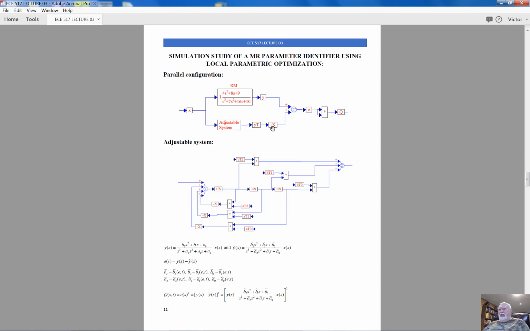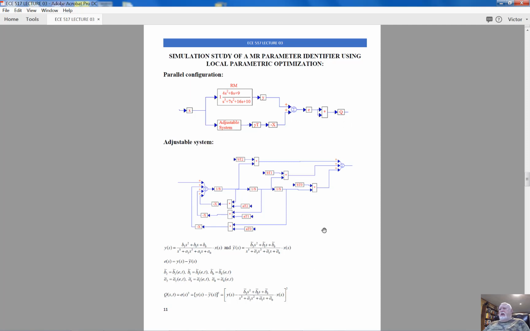And this is minus. So at this location I define the error as the output of the reference model minus the output of the adjustable system. And here I create error squared. This is the criterion Q value.